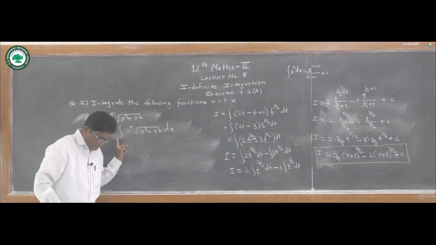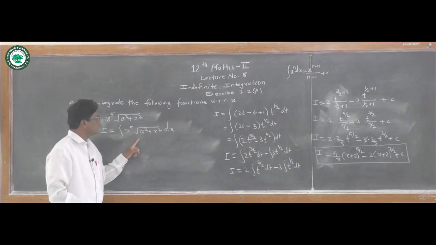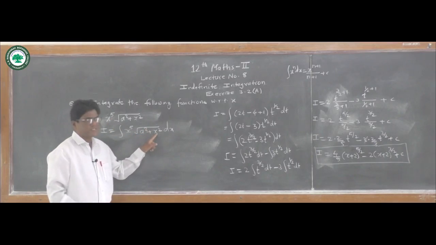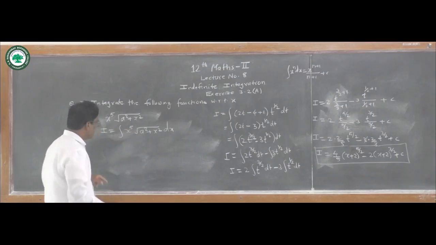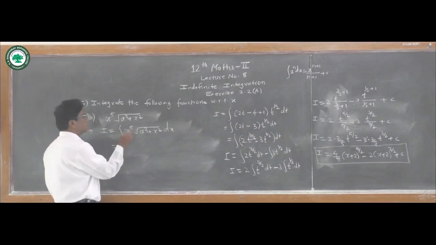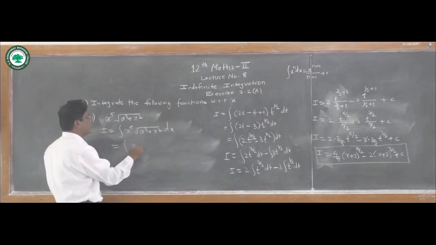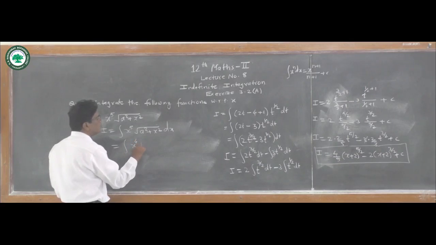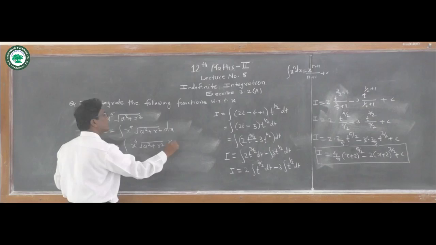Now here we use the previous method which we used to solve problem number 19. Here in the root there is a square plus x square, so we put this as t, and we replace x in terms of t. This is the odd power, x to the power 5. When there is an odd power, we always write it as x to the power 4 into root of a square plus x square, and this x into dx.